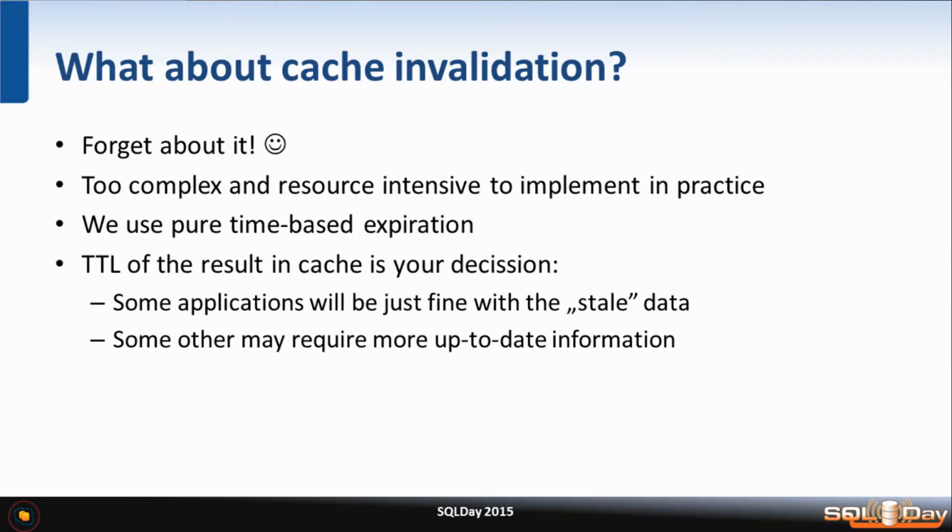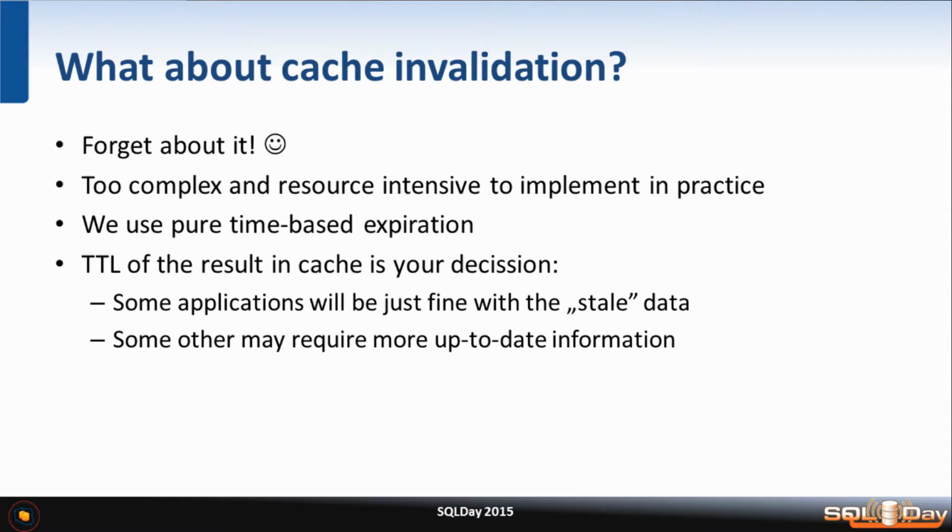How long you keep this in cache is the upper limit of how old your data might be. If your application is going to get outdated data, it's not going to be older than 30 seconds, because that's the time to live of the cached result. After 30 seconds, if the query comes again, we re-execute it on the server and store it in cache again. That time to live is your decision.